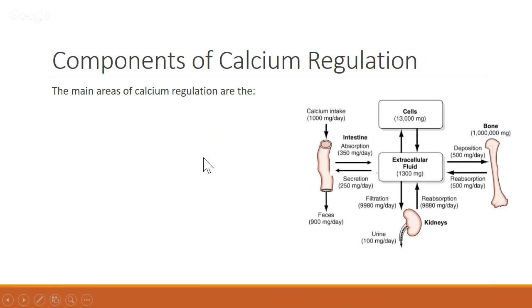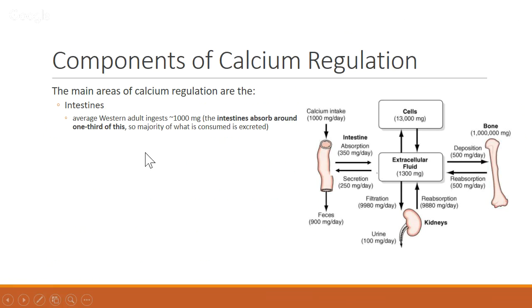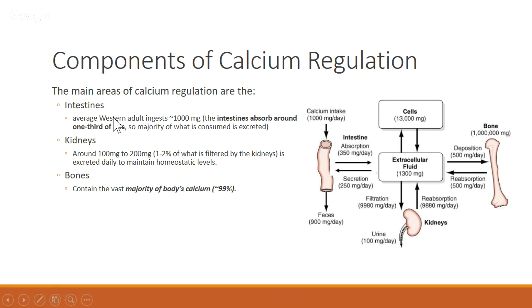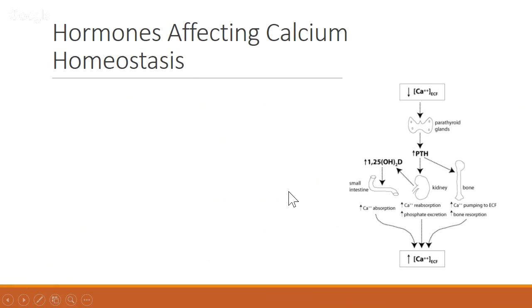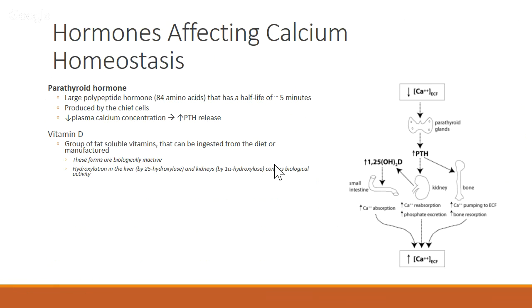So the parathyroid gland regulates calcium levels. Speaking about calcium, there are three areas involved in calcium regulation. Calcium is absorbed in the intestines, excreted by the kidneys, and largely stored in bone. There are three main hormones affecting calcium homeostasis.